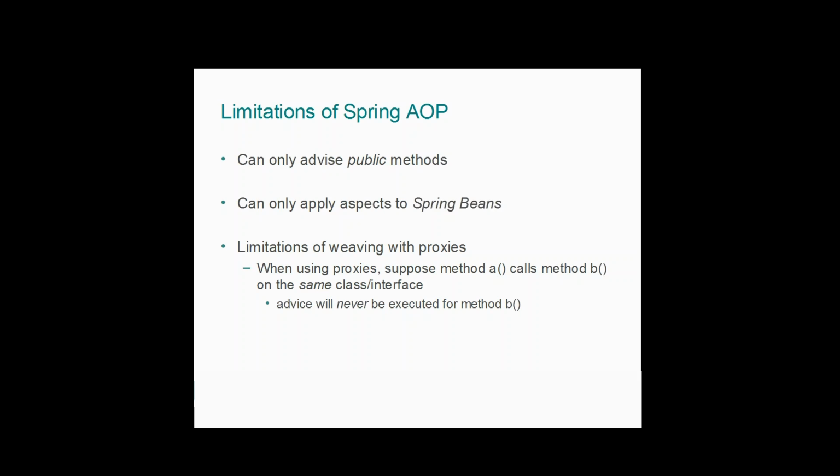Even if you don't have an interface, Spring will be able to create a proxy using the CGLIB library. However, while weaving, we have some limitations. Let's say your interface or class has two methods, method A and method B. If method A calls method B inside, the advice will be applied to method A but not to B, even though B is eligible.